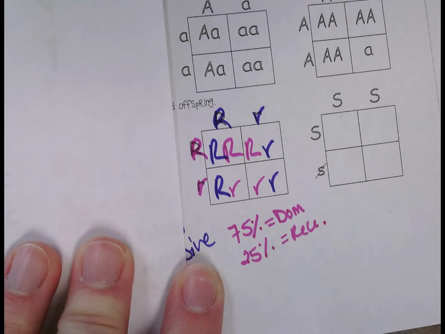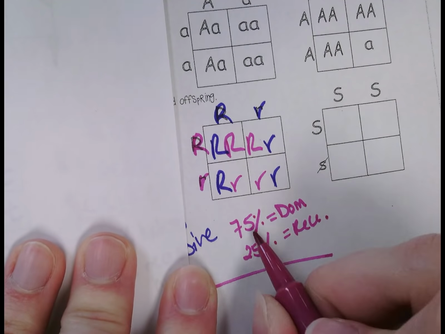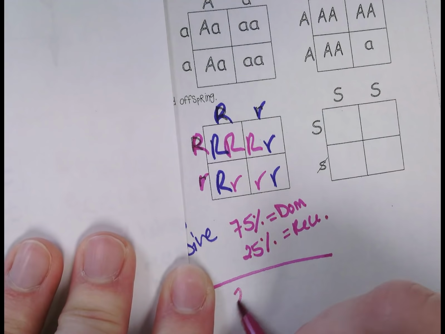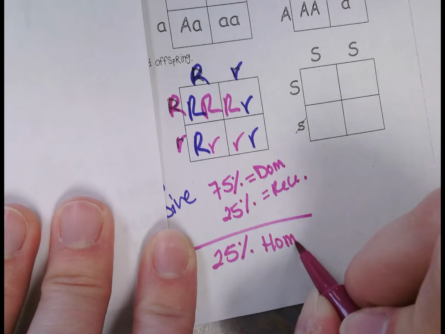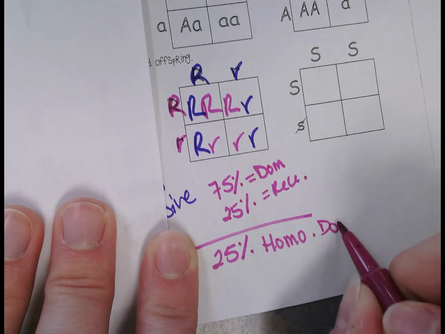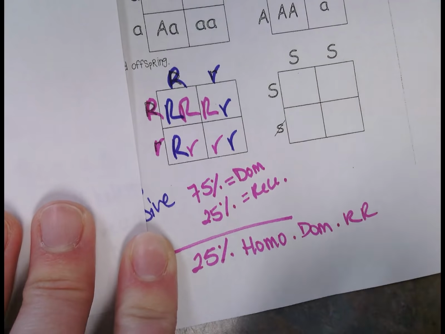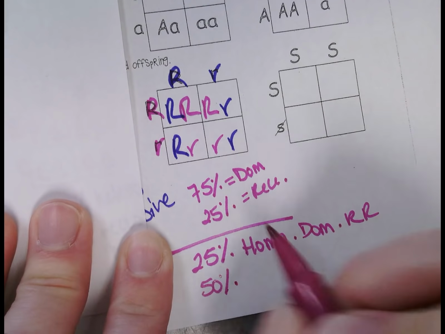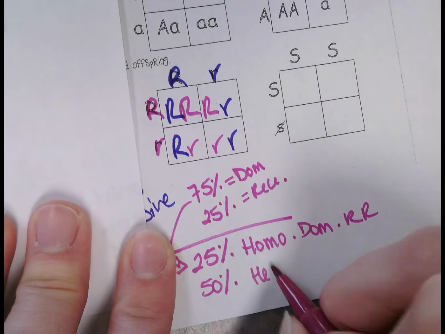However, looking at this, of that 75%, 25% is going to be homozygous dominant, okay, because I have those two big R's, and 50%, so I'm kind of breaking down that 75%, 50% is going to be hetero.